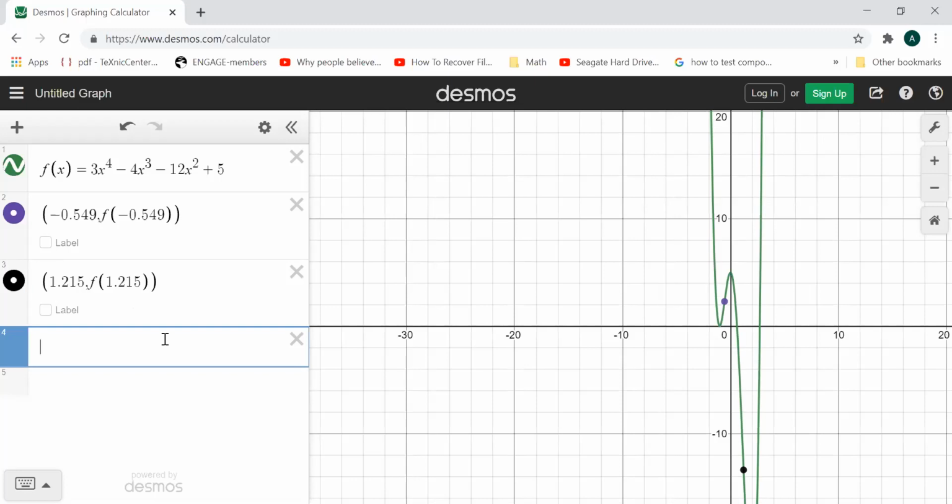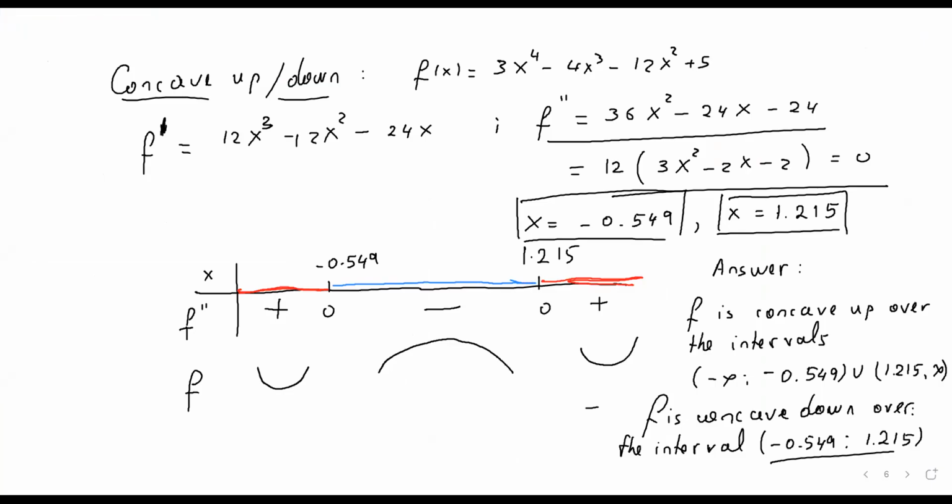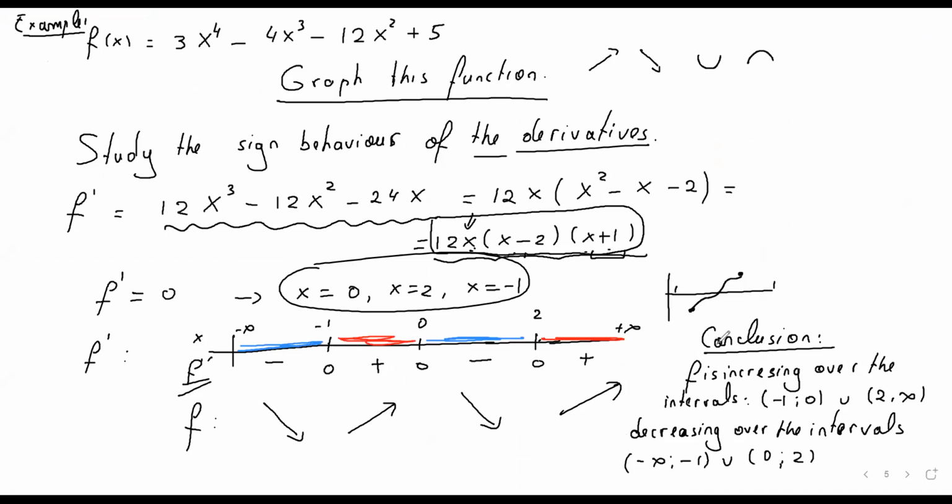Now, I will be more precise about these questions, but let's go back to our behavior again. If you go back one page, this first part of the problem where we studied increasing and decreasing also tells us something interesting.